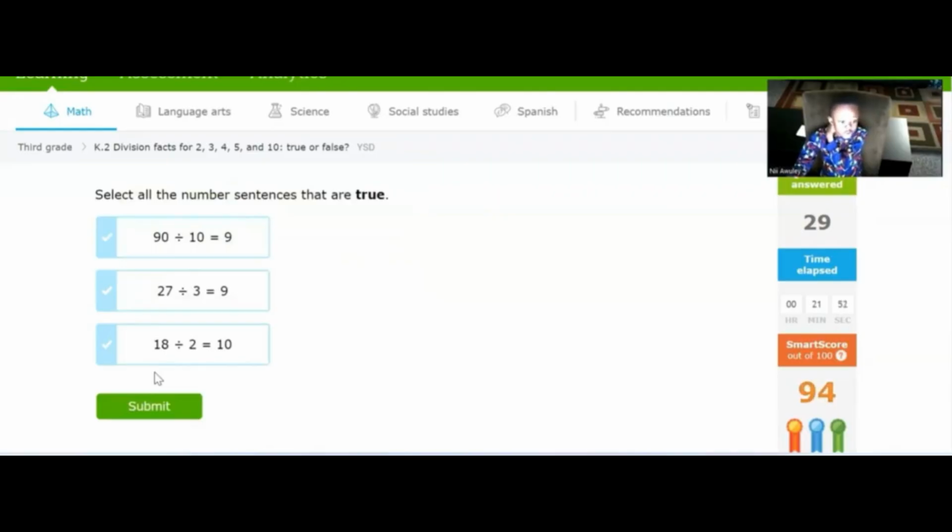Select all the number sentences that are true. 90 divided by 10 is 9. Correct, because 9 times 10 is 90.